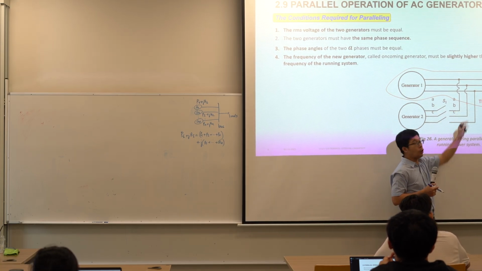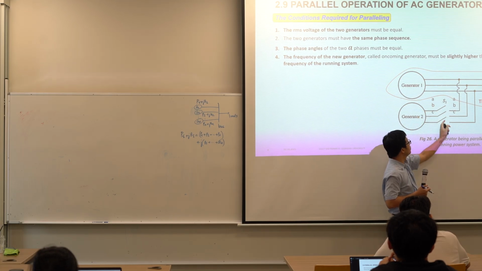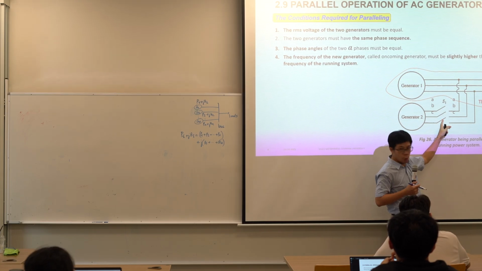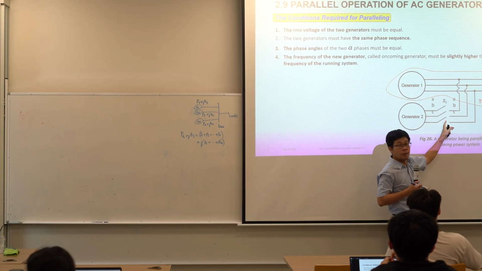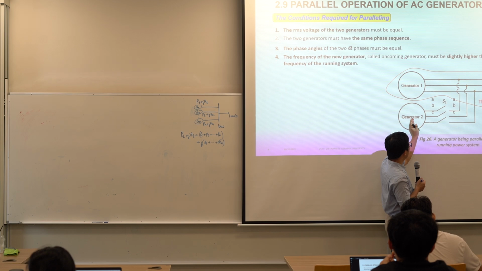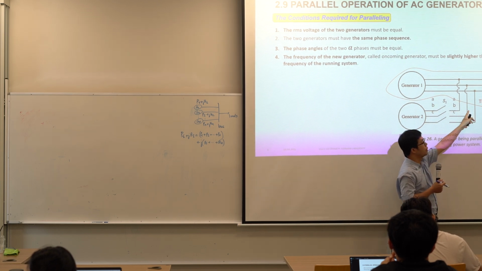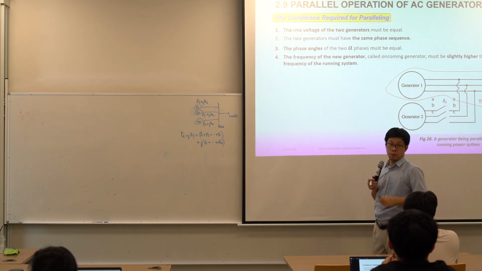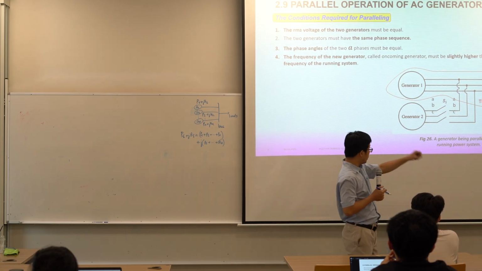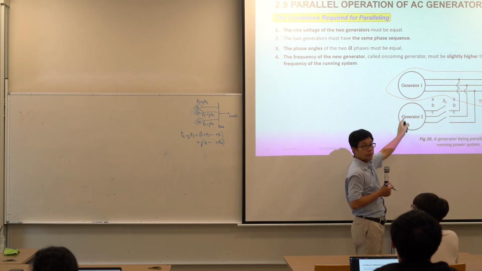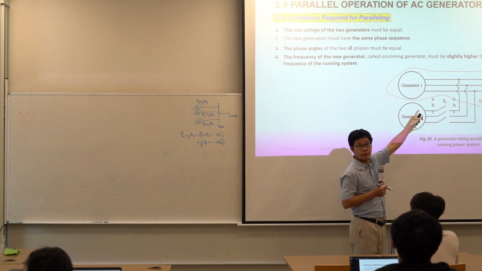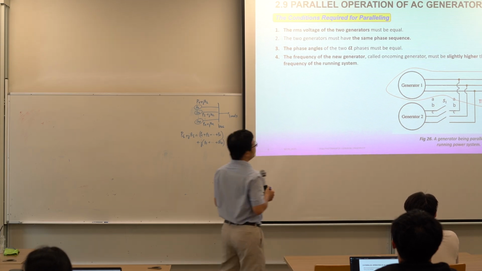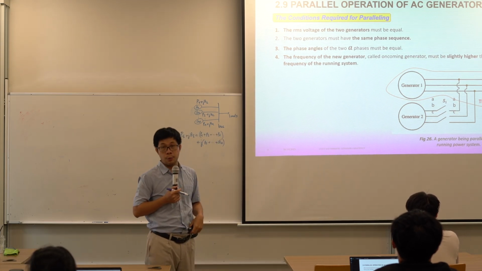We cannot turn on the circuit breaker here anytime we want. Before we connect generator 2 to the system, we need to satisfy some conditions. This is the rule when we connect any generator into the system.